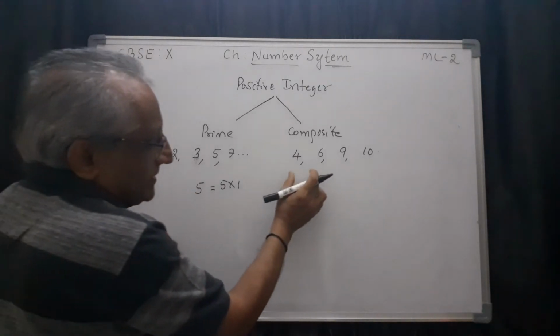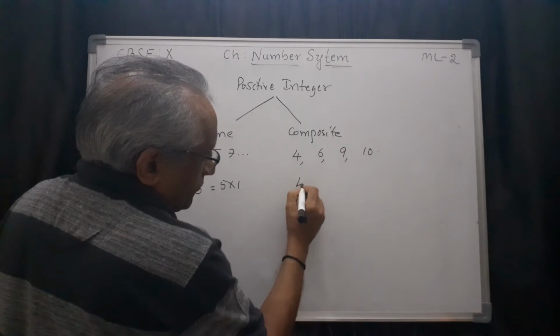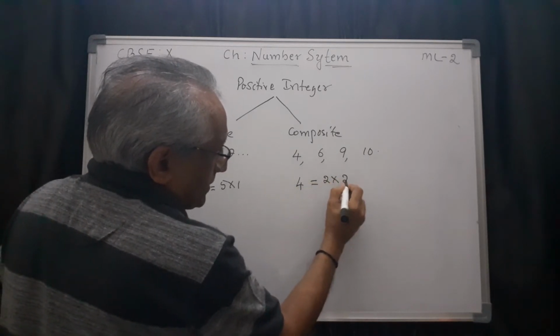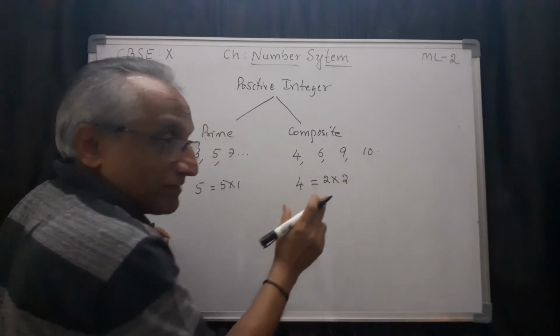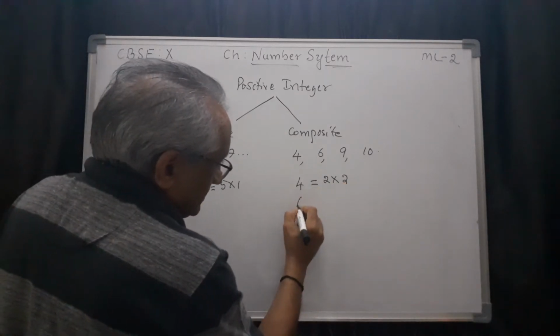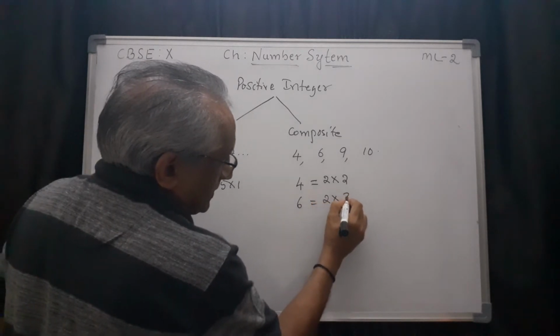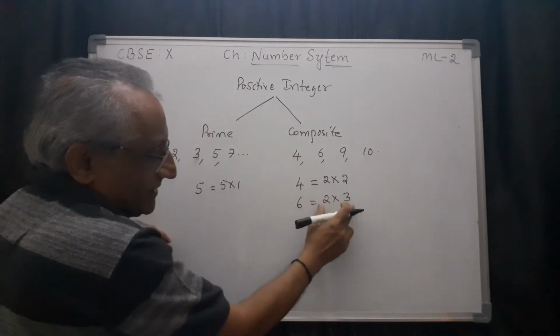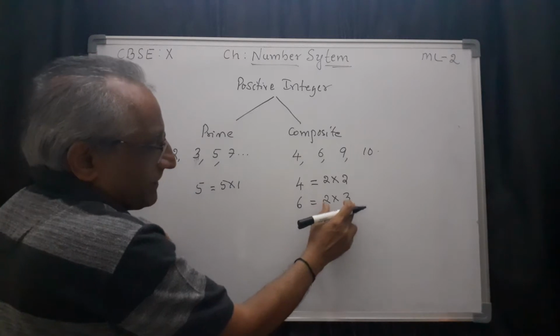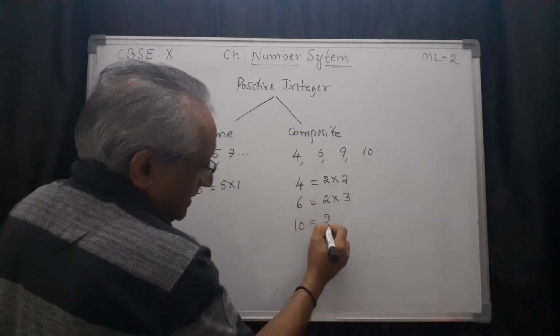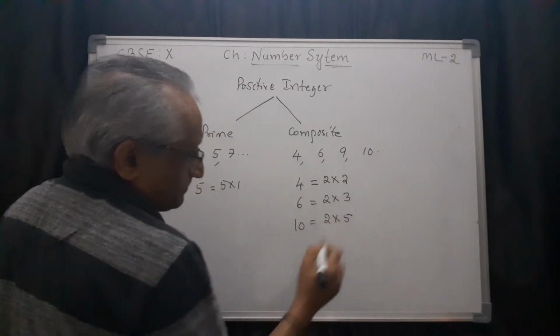Now, if you look at a composite number, for example 4, you can write 4 as 2 into 2, where both factors are prime. Similarly, 6 can be written as 2 into 3. Once again, 2 and 3 are prime factors. Similarly, 10 can be written as 2 into 5.